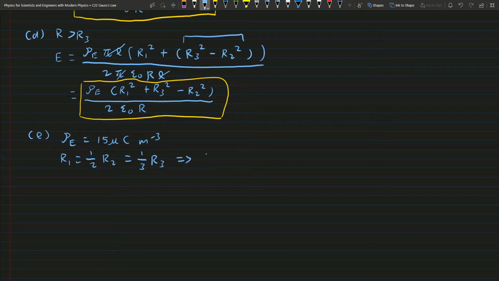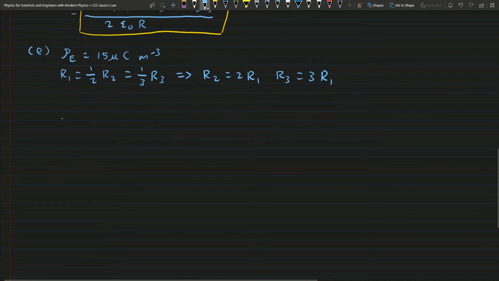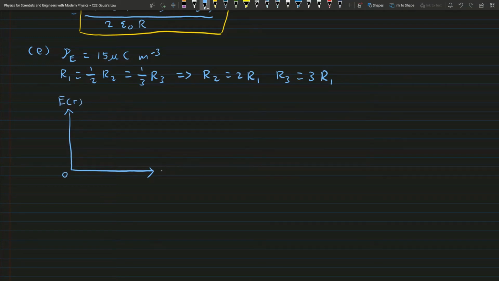From here, we know R2 equals 2 R1 and R3 equals 3 R1. Now we go to the graph. Here is E versus R, and let's use the capital R.